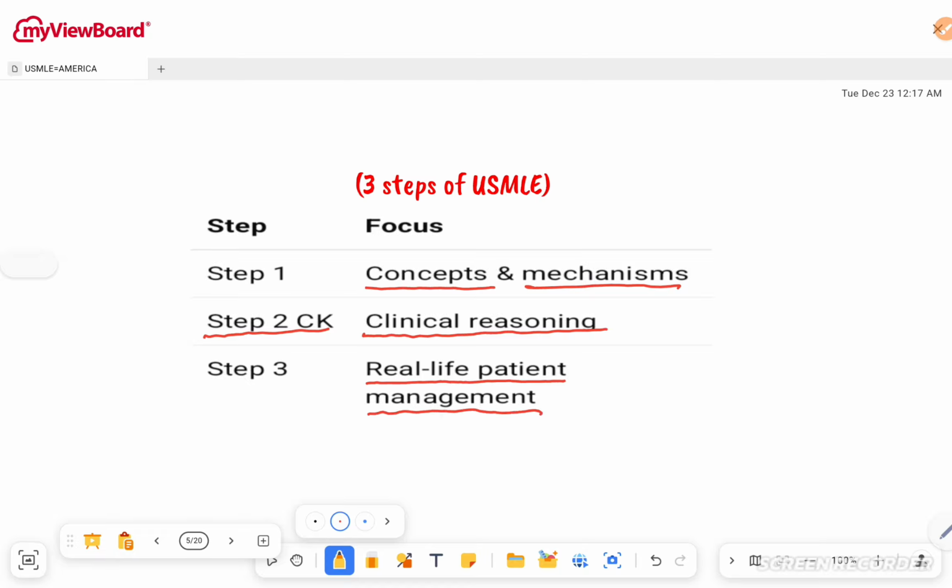So the first step mainly focuses on preclinical subjects, and Step 2 CK focuses on clinical subjects. We'll discuss it in detail. And Step 3, that is match residency.